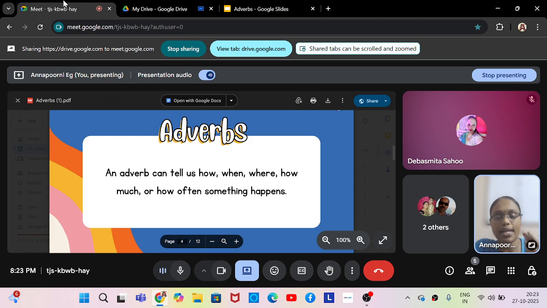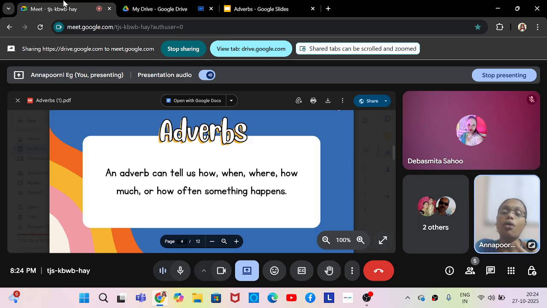So we discussed adverbs of condition, that is how. The answer for the question how will be an adverb of condition. The answer for the question when will be adverbs of time. And the answers for the question where will be adverbs of position or place.